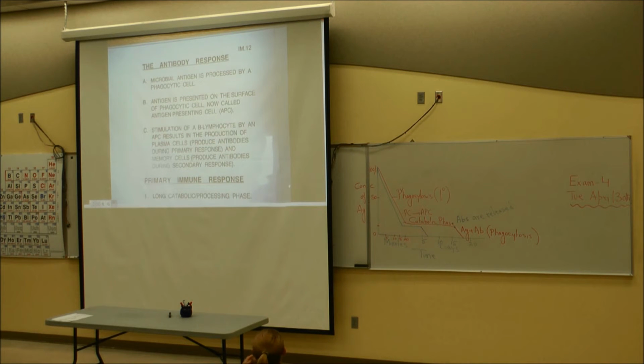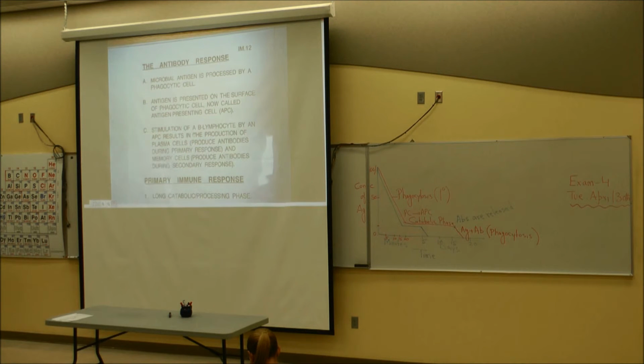All right. So this antigen presenting cell takes the antigen and stimulates the B lymphocyte. That's called stimulation of B lymphocyte by antigen presenting cell. In other words, they literally fuse together.